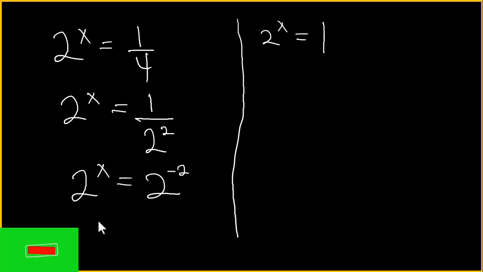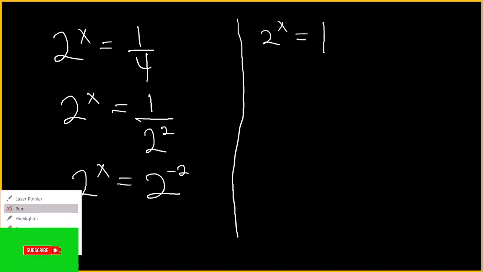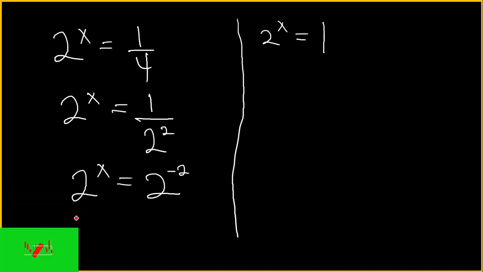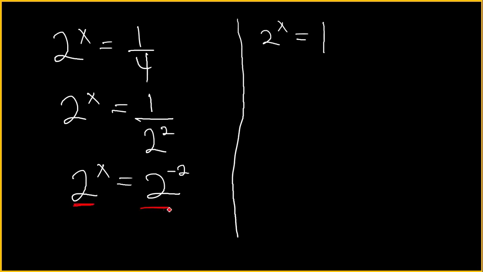Now here the bases are the same, so the exponents are equated. x is equal to negative 2.